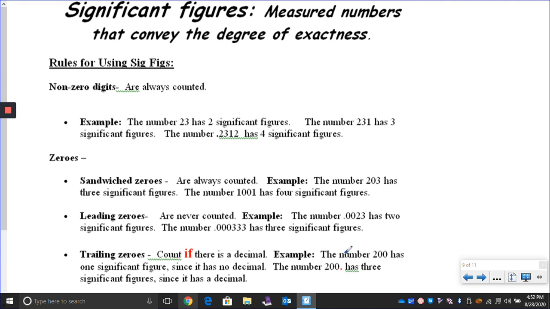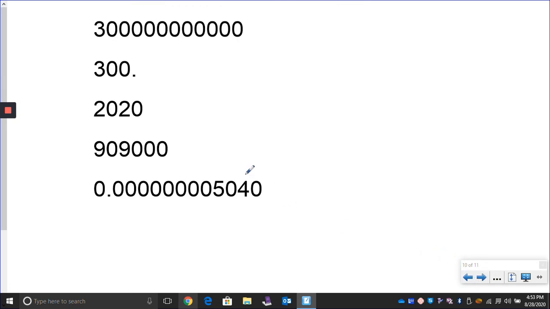My last rule today, trailing zeros. They only count if there is a decimal. Trailing zeros only count if there is a decimal. So what are trailing zeros? Trailing zeros are zeros that come after a non-zero number. So there's 3. All of these zeros trail that 3.